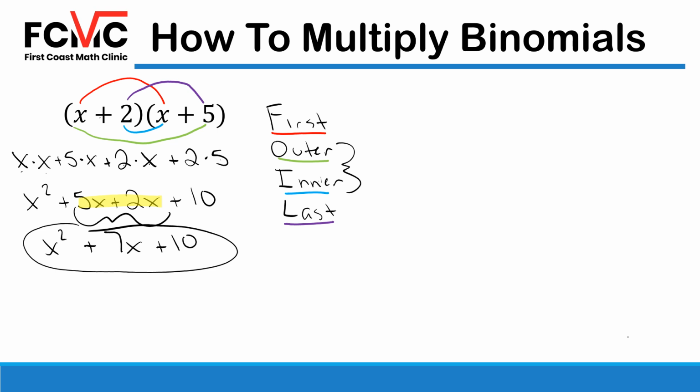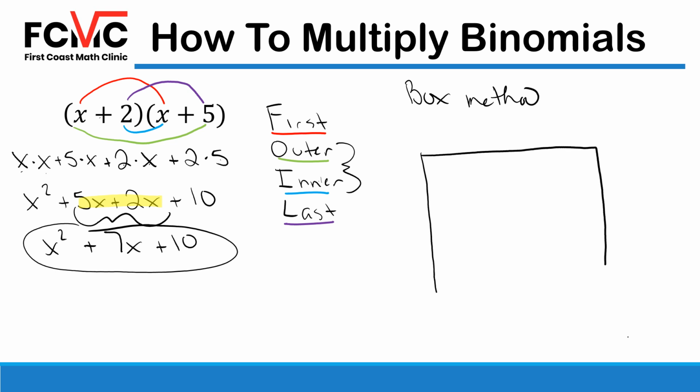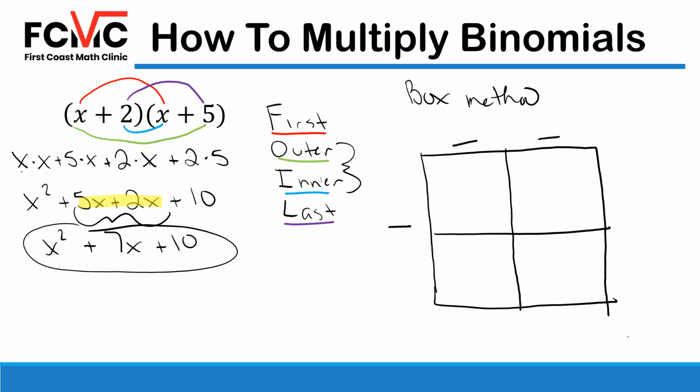Now that's one method. Second method is known as the box method. Now to use the box method, we're going to draw a box. I'm going to break that box up into 4 squares. And I'm going to draw a line next to each one of the squares. And each one of those lines is going to be for one of the terms from our binomial.